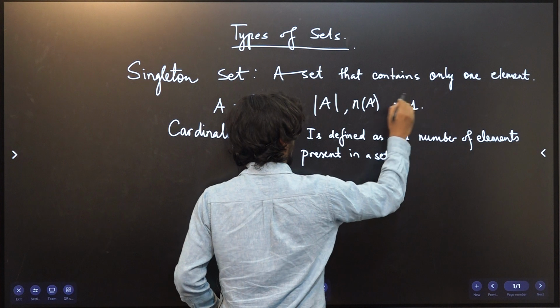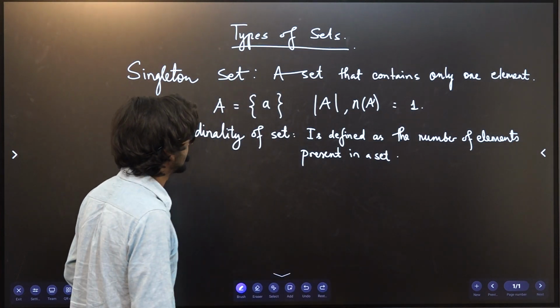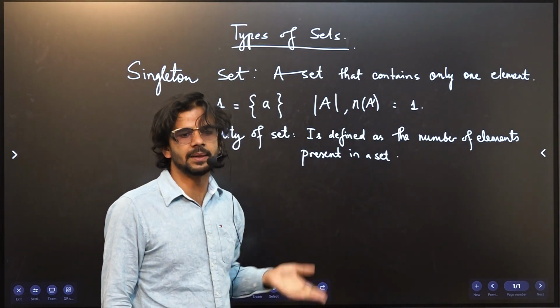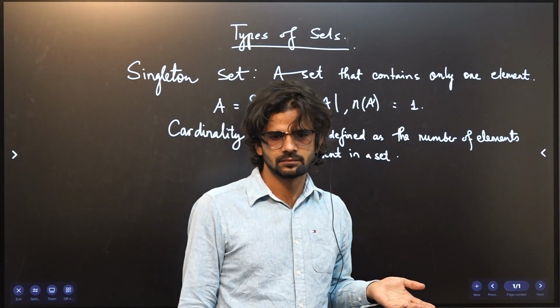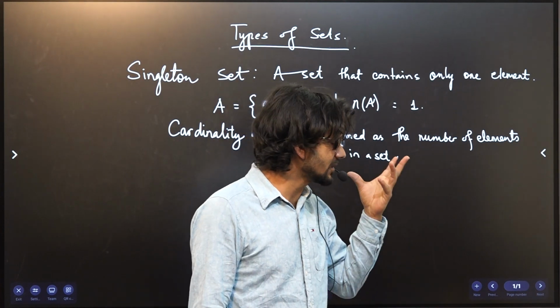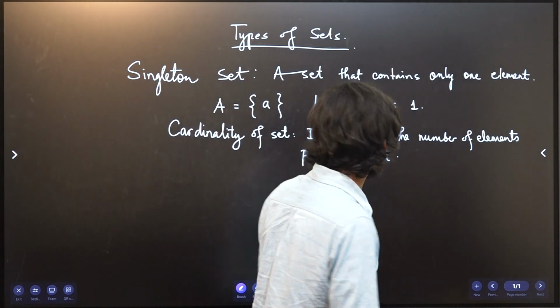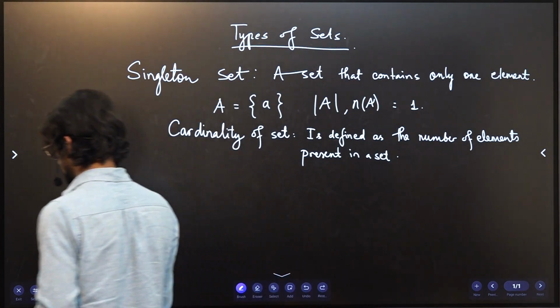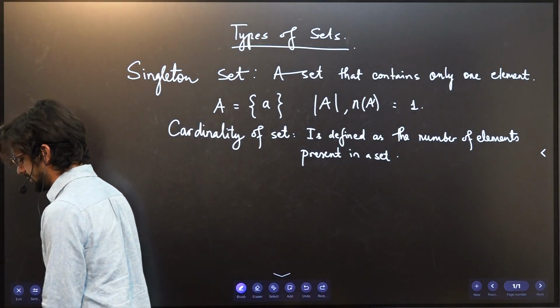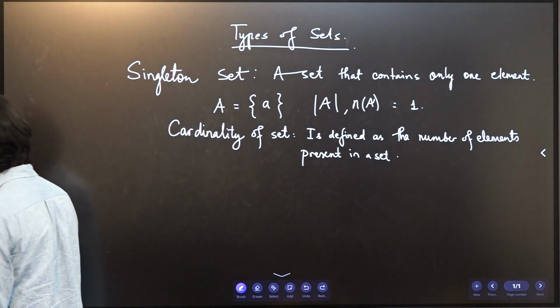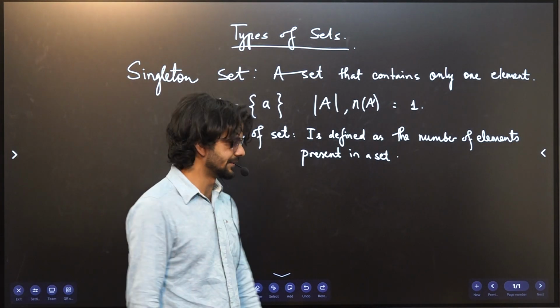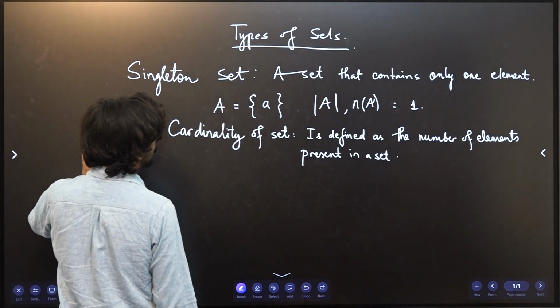Equals to 1. Singleton set is a set that contains only one element. कुनै सेट छ जसमा चाहिँ के छ? केवल एउटा मात्रै एलिमेन्ट छ भने त्यसको कार्डिनालिटी 1 भनेर भनियो र त्यो सेटलाई के भनेर भनियो? Singleton set.